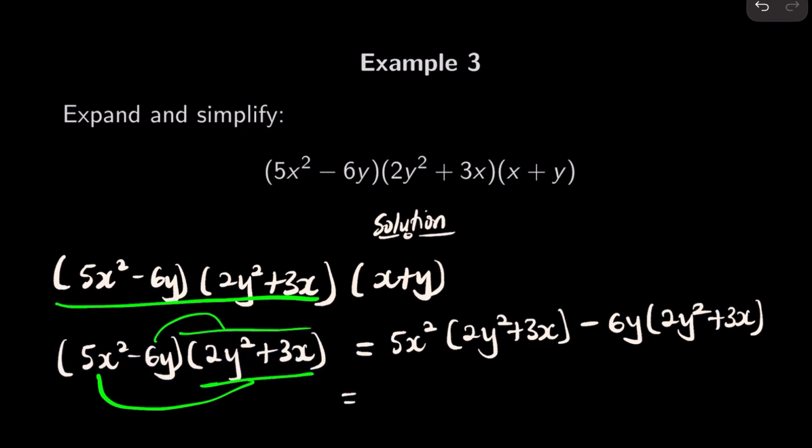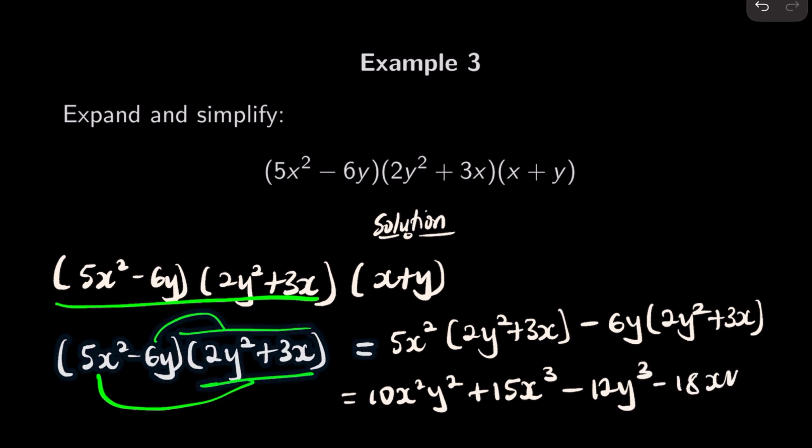Right, so now let's compute this product. So here we are going to have 10x squared y squared, then plus 15x cubed, then minus 12y cubed, then minus 18xy, right? So here, there are no like terms in here. So this is what we have, right? So that's for the first two products, we have this expression, right?